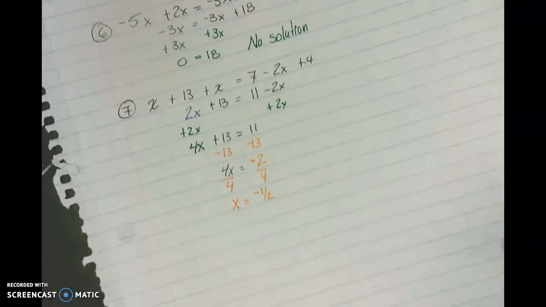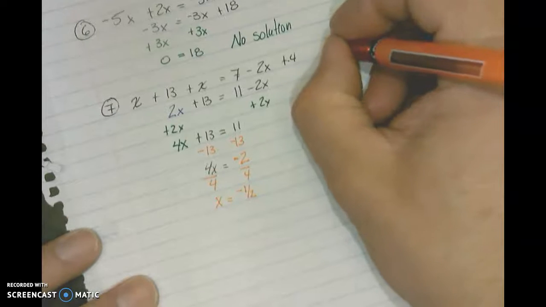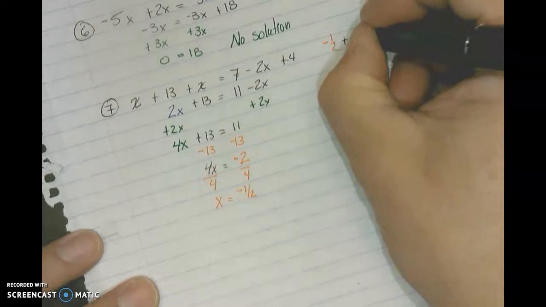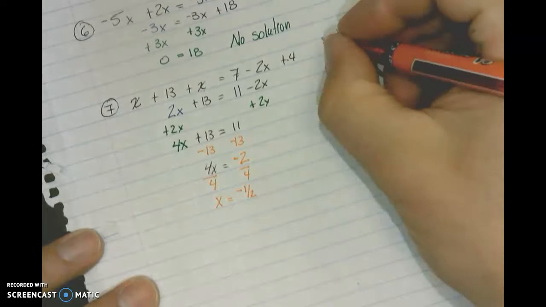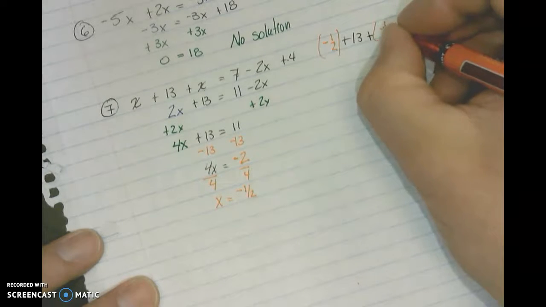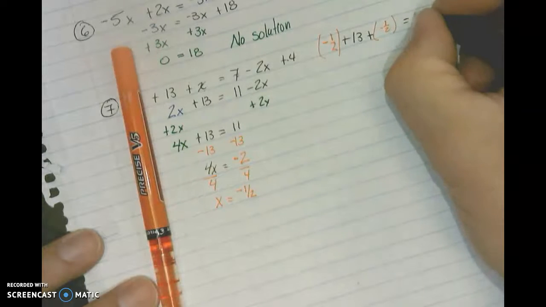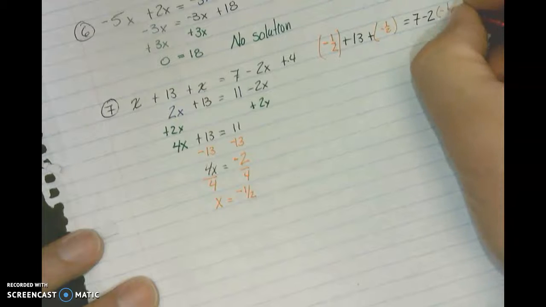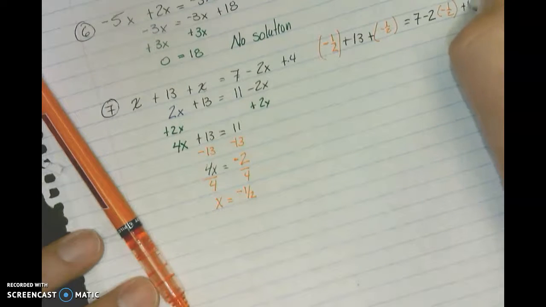Okay? So then to do my check, anywhere there's an x, I put the negative 1/2 plus 13 plus, and because it's negative, I'm going to come back and put parentheses around it. That's going to equal 7 minus 2, negative 1/2 plus 4.